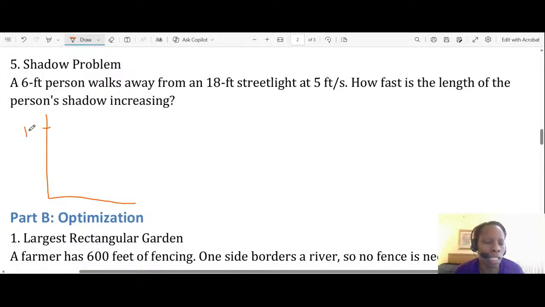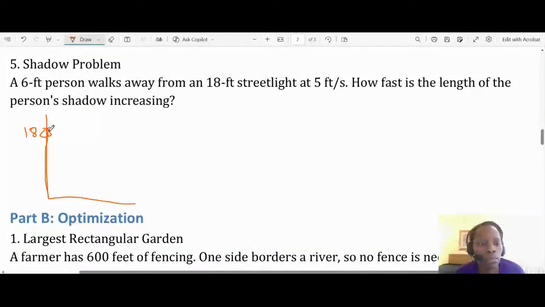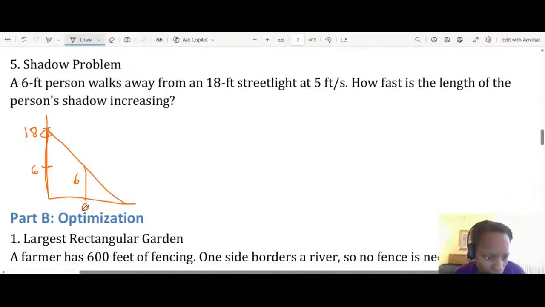Let's just say the street lamp is 18-foot. Light shines against a 6-foot person.